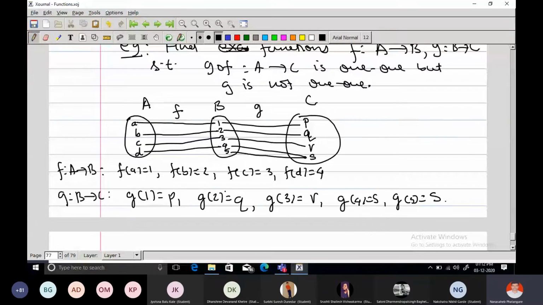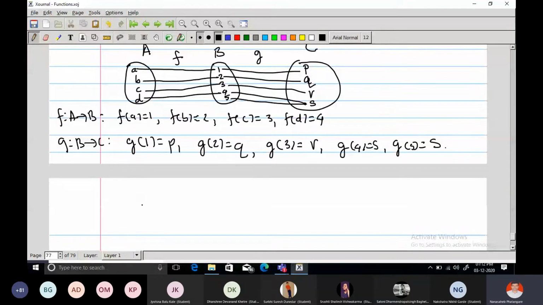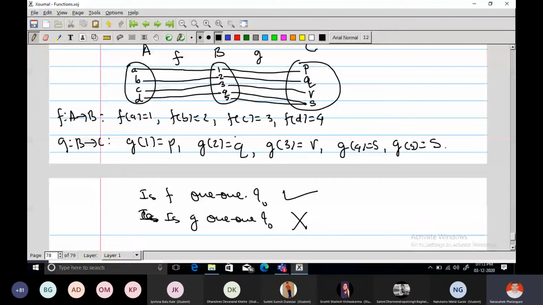So both are functions. Now is f 1-1? Yes. Is g 1-1? No, because 4 and 5 are two distinct elements in the domain of g, but their image is the same, which is s, so g is not 1-1.